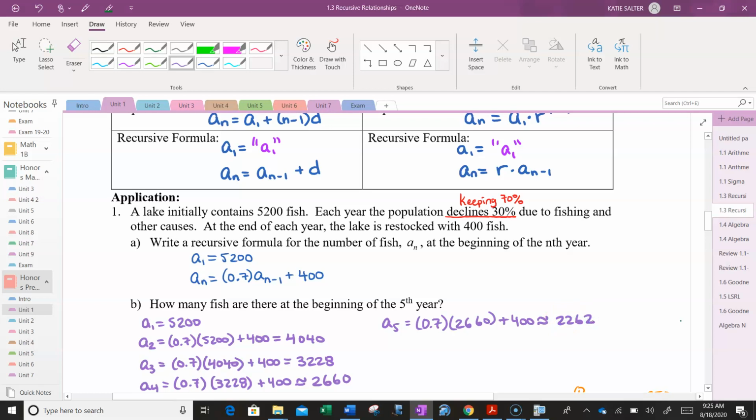I'm rounding to a whole number because this is the number of fish, and we can't have a part of a fish. And so at the beginning of the 5th year, we would have 2,262 fish.